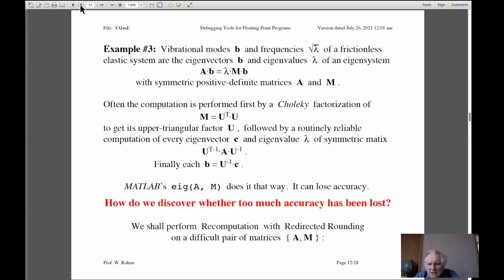Well, it turns out that if the matrices A and M have very nearly null spaces, that is to say, if there are vector subspaces that are almost annihilated by both matrices, then you're going to get a rather inaccurate result. But of course, you might not know that. Well, you can find out. And here's how you find out.